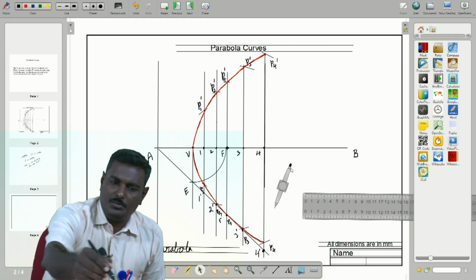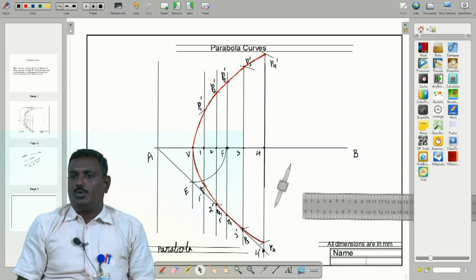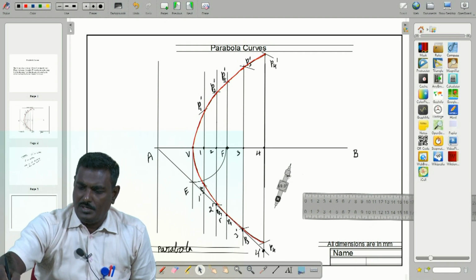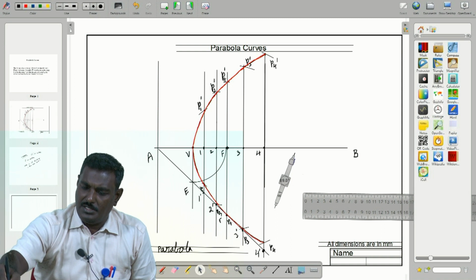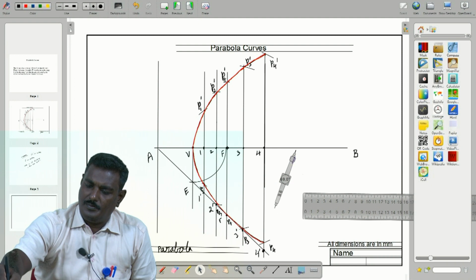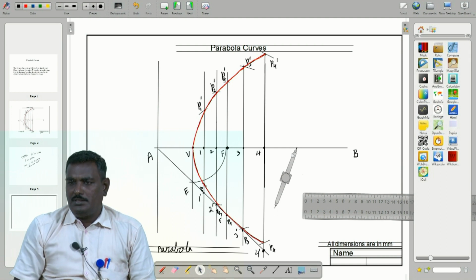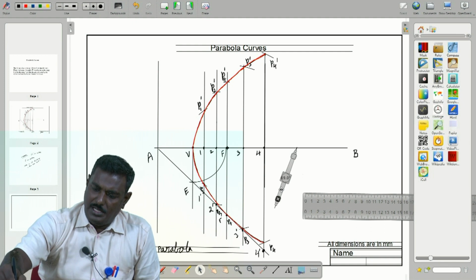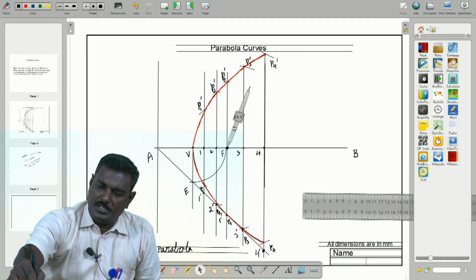I have to take more dimensions, otherwise it's very difficult. So I consider 8 centimeter for tangent and normal. I consider here 10. After taking this 10 mm, I keep F as center.